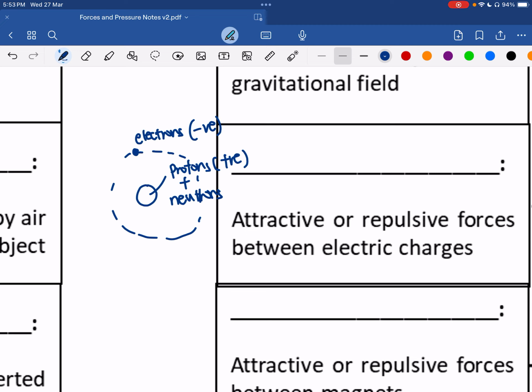So, for example, if I have an electron and another electron, if they are like charges, they will repel.